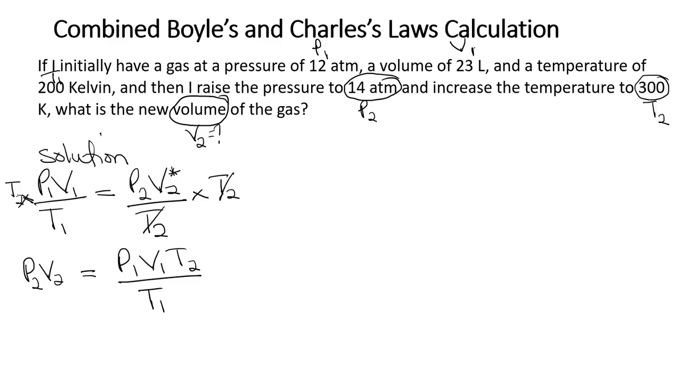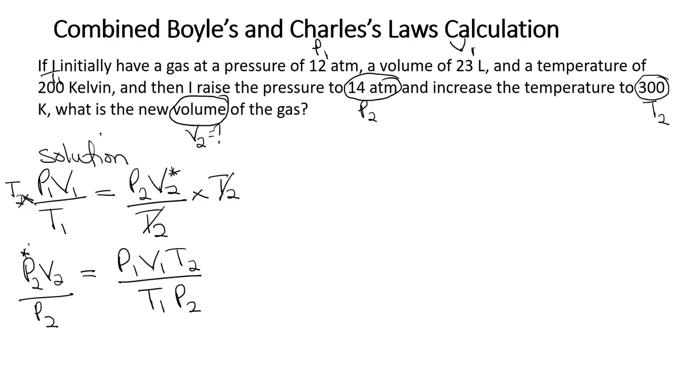Then I'll have to get rid of this P2 here by dividing both sides. So whatever you do on one side, you need to do exactly the same on the other side. If I divide by P2 on the left side, I need to divide by P2 on the right side. If I multiply by T2 on the right side, I need to multiply by T2 on the left side.